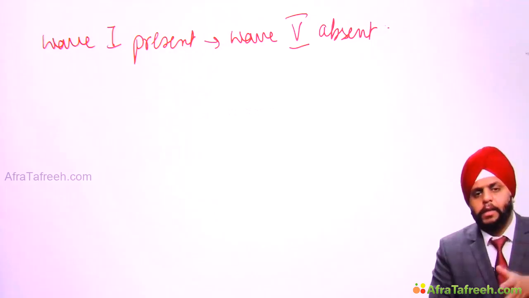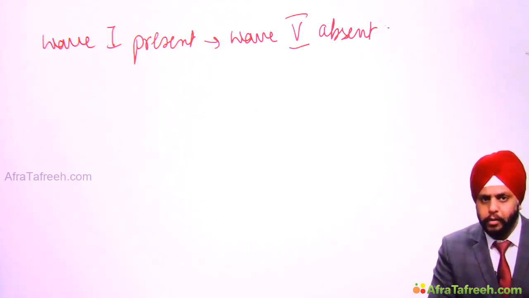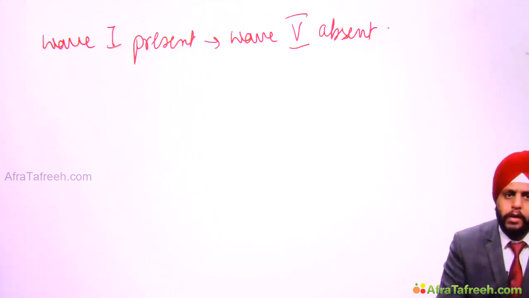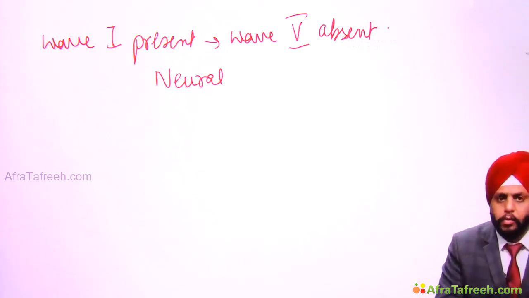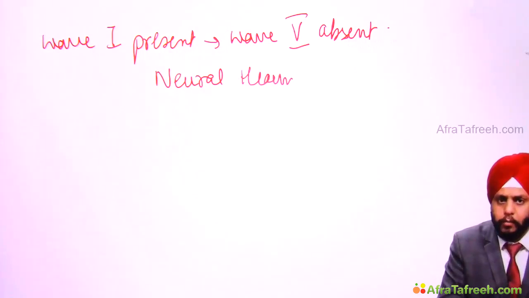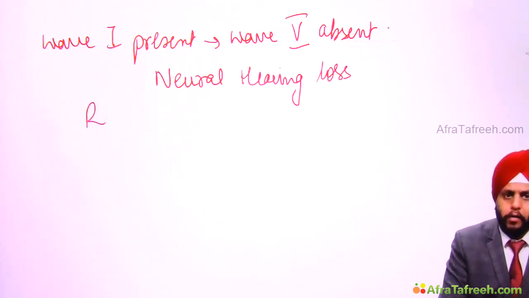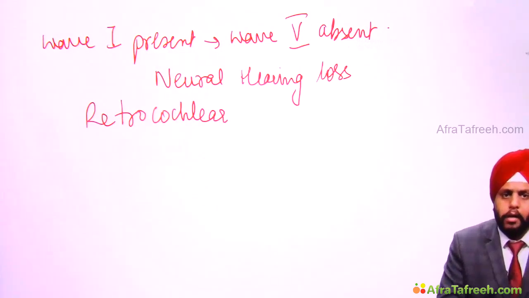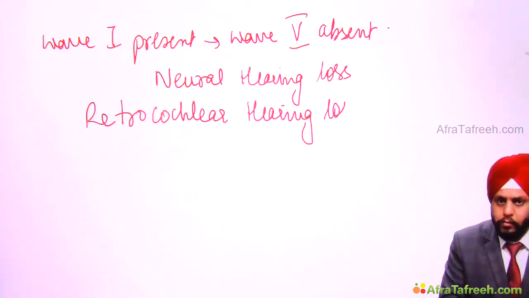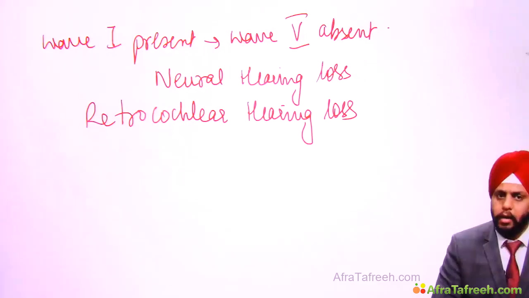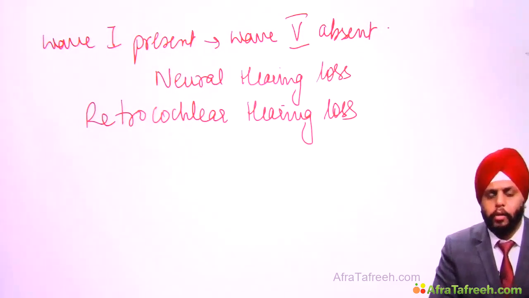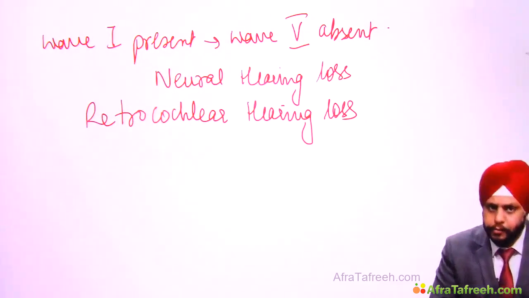That is why wave 5 is absent. So the problem is in the neural pathway. This is neural hearing loss, beyond the cochlea. It is also known as retrocochlear deafness or retrocochlear hearing loss.